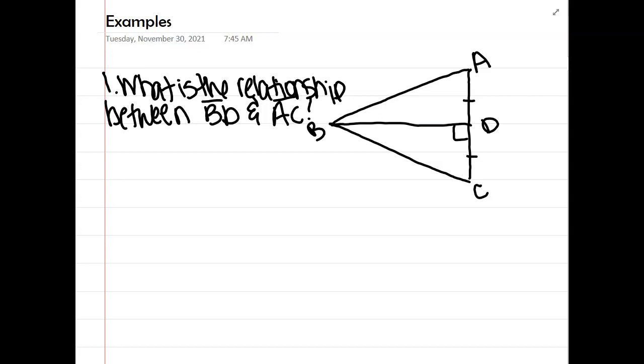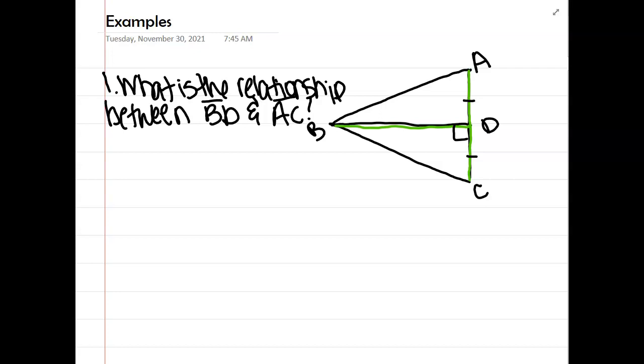So I'm highlighting those. Segment BD would be that one right there, and segment AC would be this one right here. What's the relationship in those two segments?